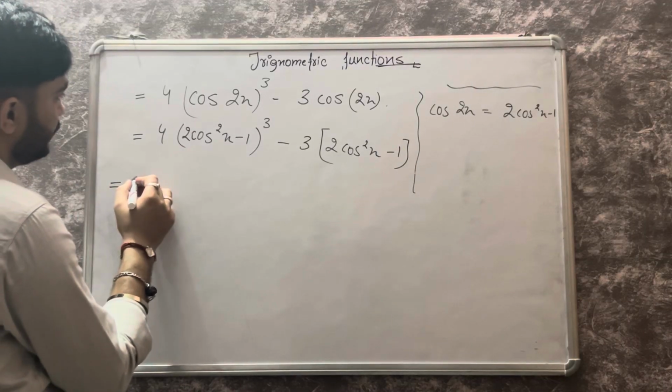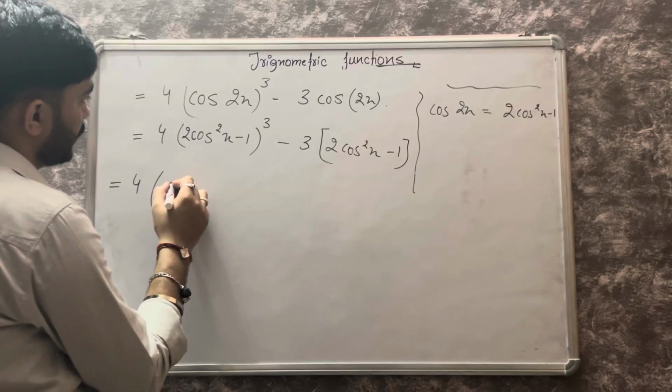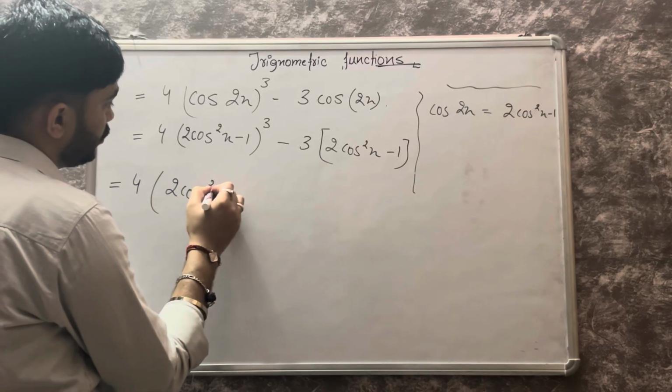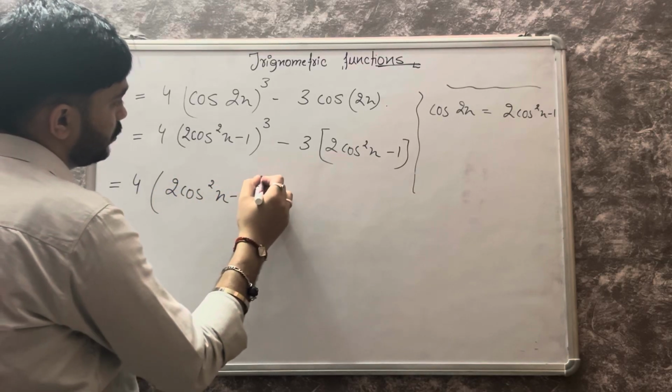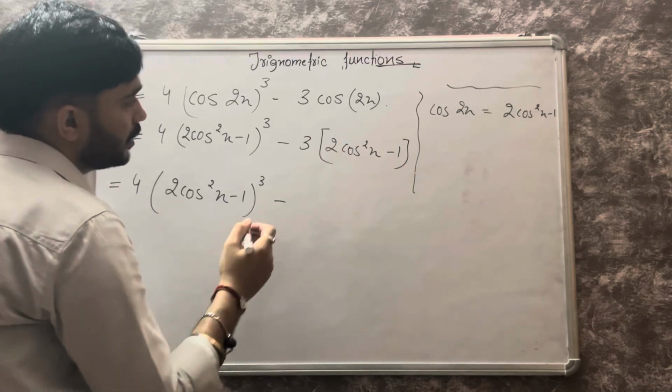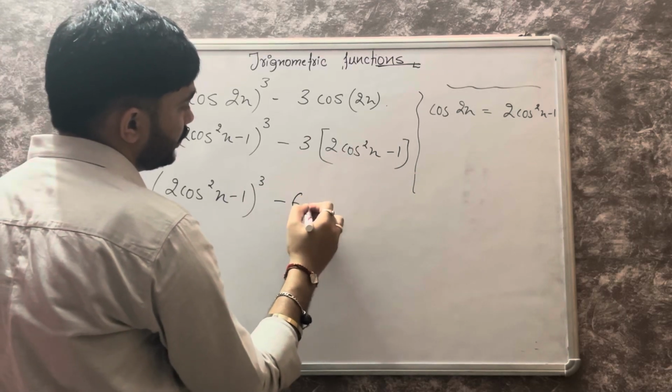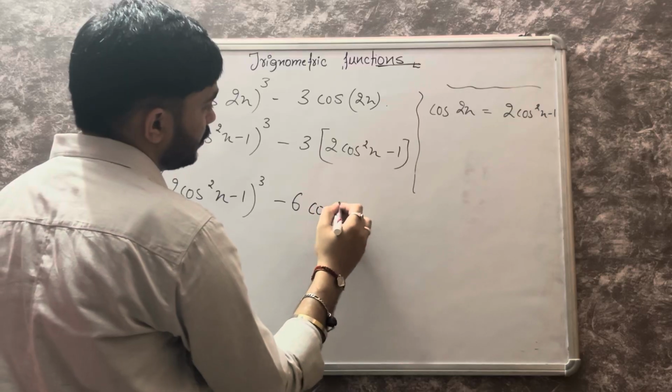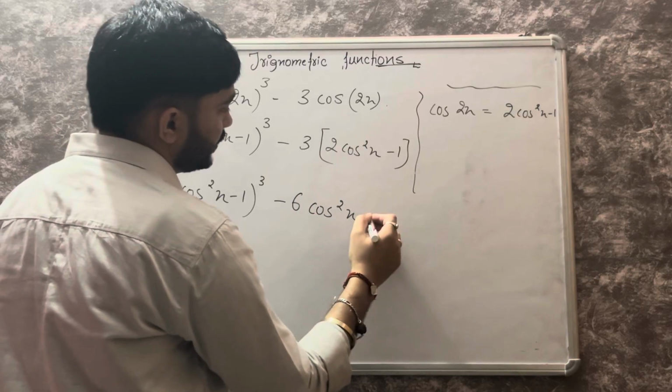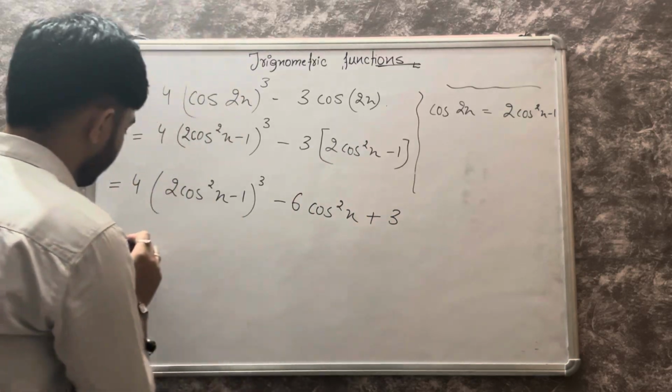So we are left with 4 into (2 cos square x minus 1) whole cube, minus, multiply this, minus minus plus, so we will get minus 6 cos square x plus 3.